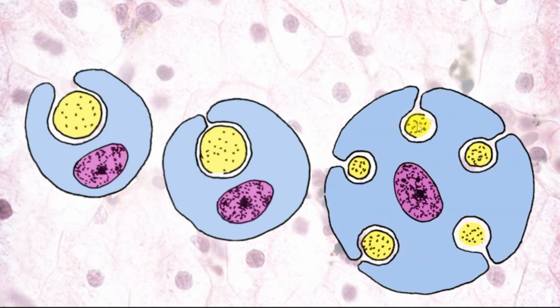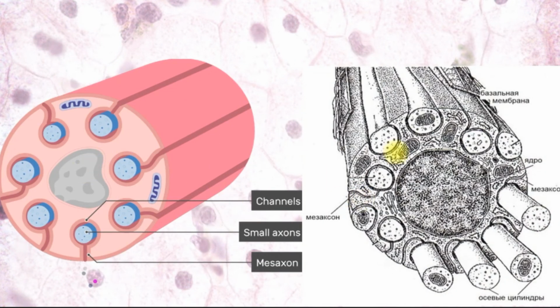It has some axons and dendrites in one Schwann cell. So they form bundles, and they haven't complete isolation from the neighboring cells and neighboring axons and dendrites. And here we can see a Schwann cell and axons or dendrites which are included in the cytoplasm of the Schwann cell.